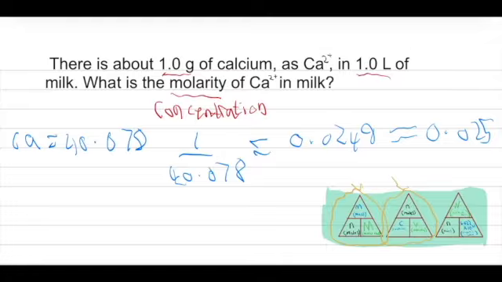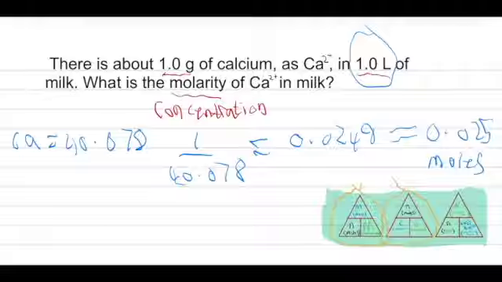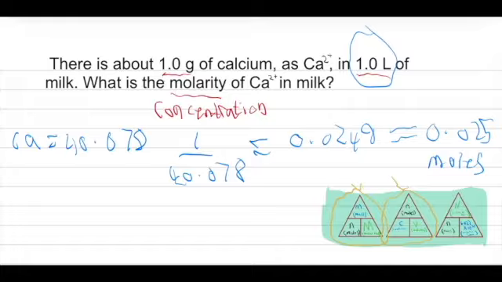Now, we use the second formula. We've just figured out the moles. And we already have the volume right here. What's left? We need to finally find the concentration, which is the molarity.